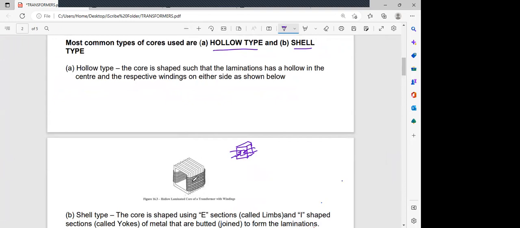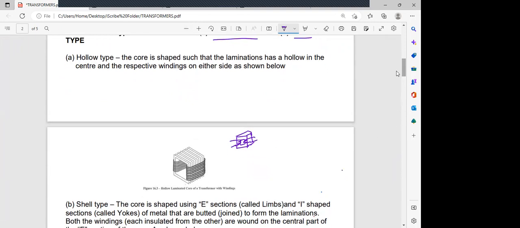And this particular type is having several sections that are put together, but each section is having laminations or insulation. It is dipped in varnish such that you are not going to be having a conducting current flowing. Remember, this is a ferromagnetic material. So any electromagnetic lines of force that are created by your primary, that is also going to induce a voltage in this ferromagnetic.